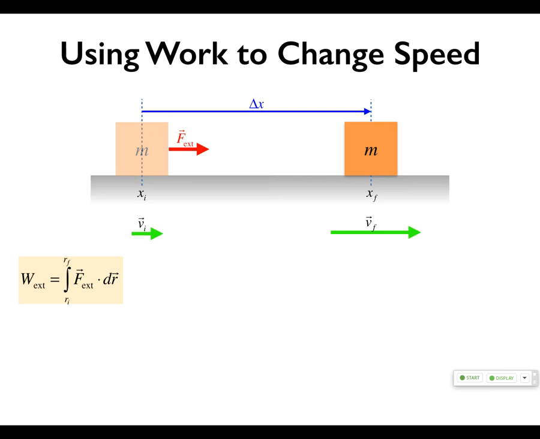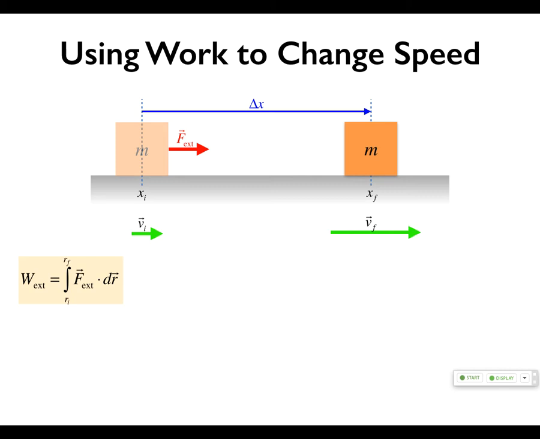So, we have this now. What do you notice about this? What can we get rid of now? dx. So let's pull out m because that's a constant.